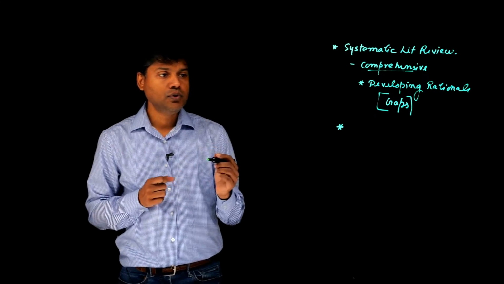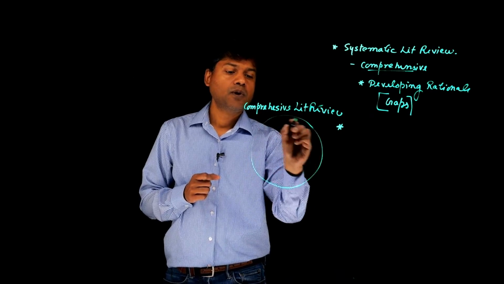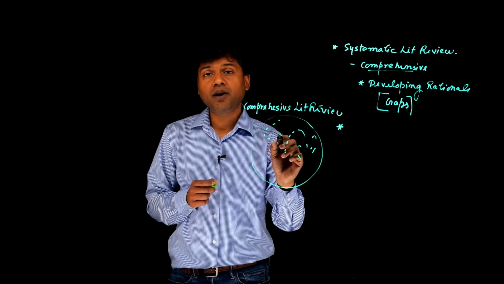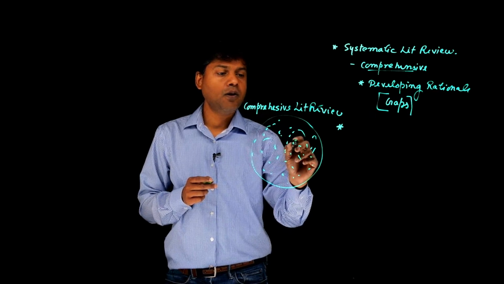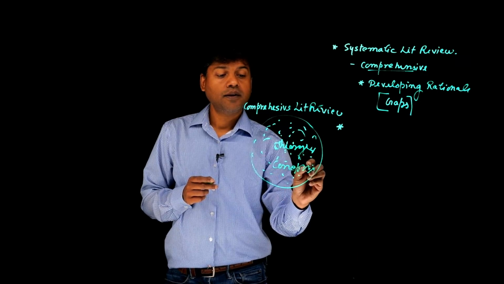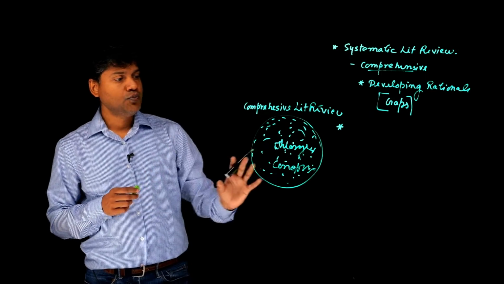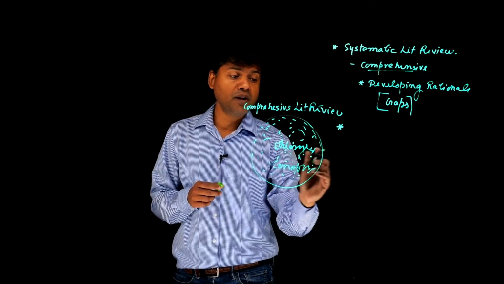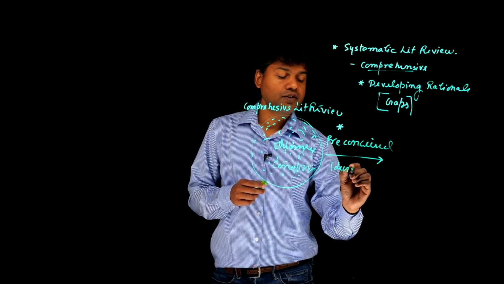If you do a comprehensive literature review, what is happening? You are learning all these different things about the phenomenon. You are learning the theories, concepts, and all the ideas on the phenomenon. As a researcher, as you learn all these theories and concepts related to the phenomenon, it creates preconceived ideas related to the phenomenon.